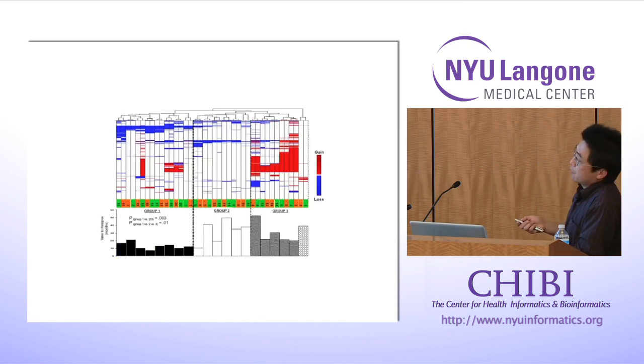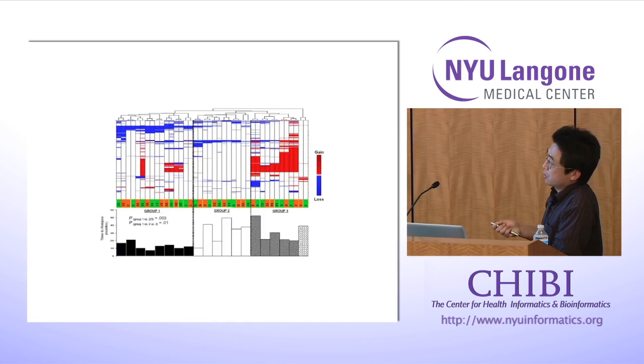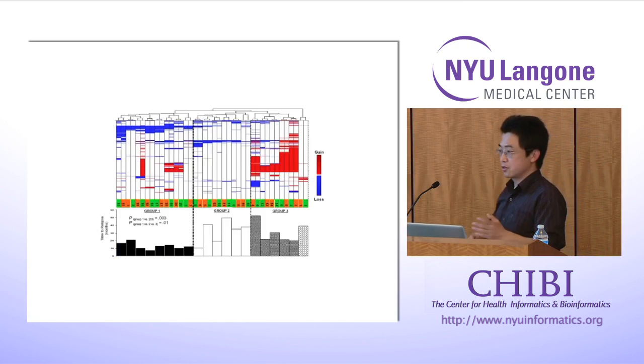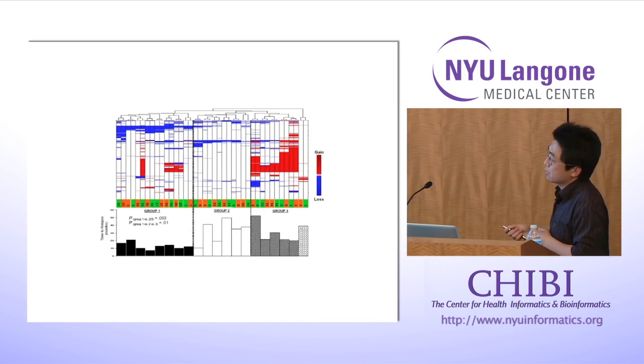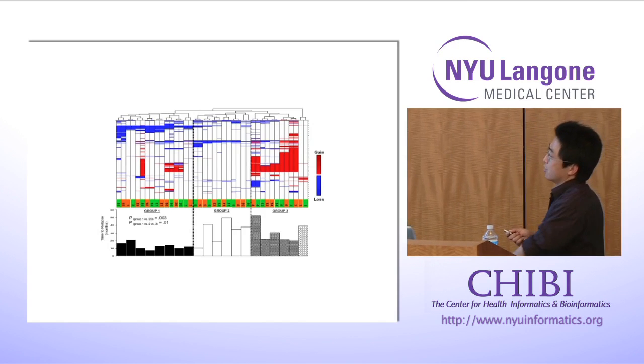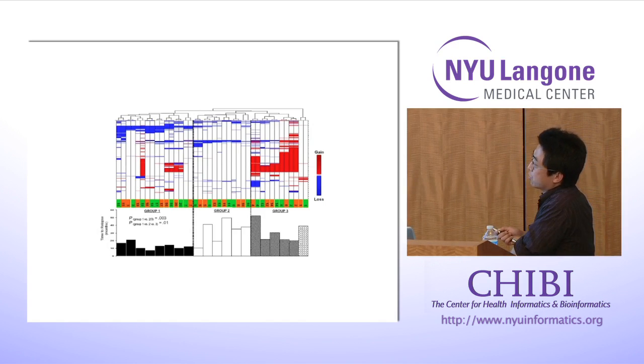Also, you can use copy number information like gene expression data. You can cluster patients based on their copy number status. In this result, you can see we grouped the patients into 3 groups based on their copy number change. And you can see that it's associated with some clinical outcomes.